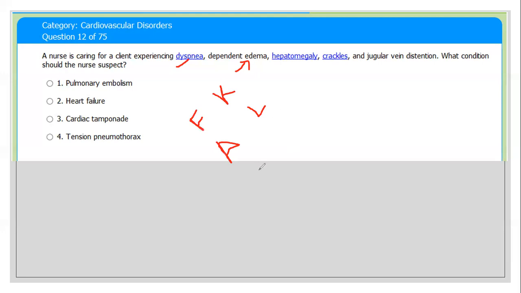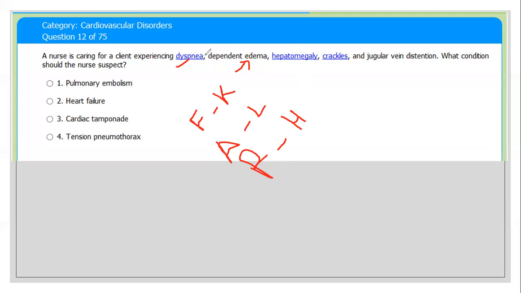If edema is in the leg, we call it pitting edema, and pitting edema is common when the patient has heart failure or a heart problem. So facial edema, kidney problem; ascites or abdominal edema, liver problem; pitting edema, heart problem. Important.